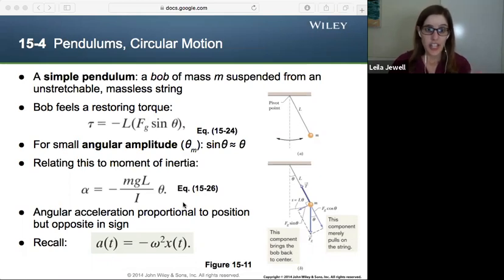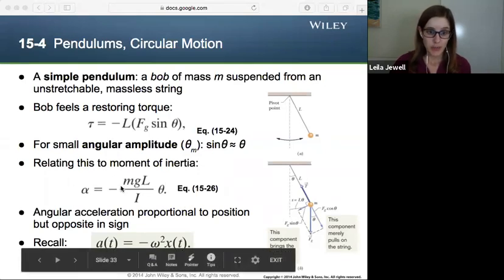This tells us that the angular acceleration is proportional to the angular position, but opposite in sign. And we've seen this before, right? Remember, we saw the acceleration of our spring is equal to negative omega squared times our displacement, x. a equals negative omega squared x. So we can say, hey, this is the exact same form, right?